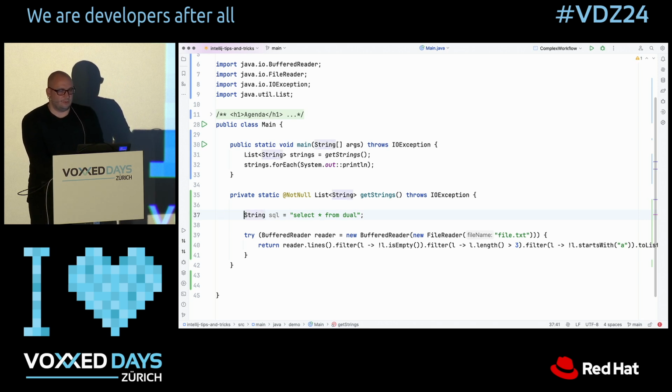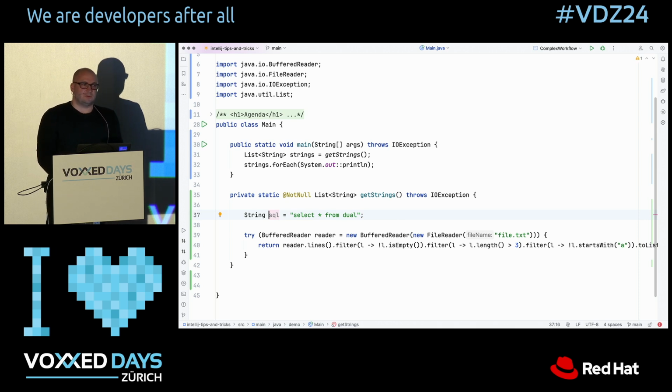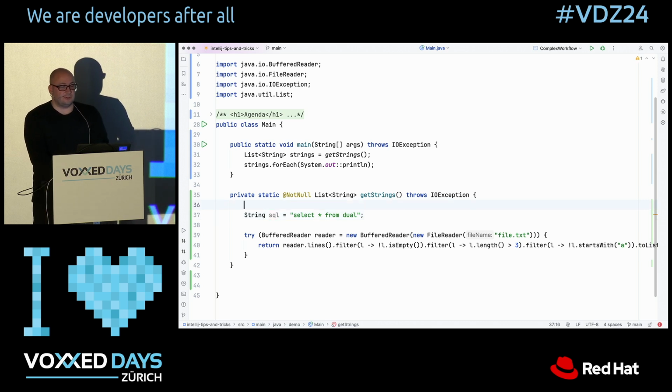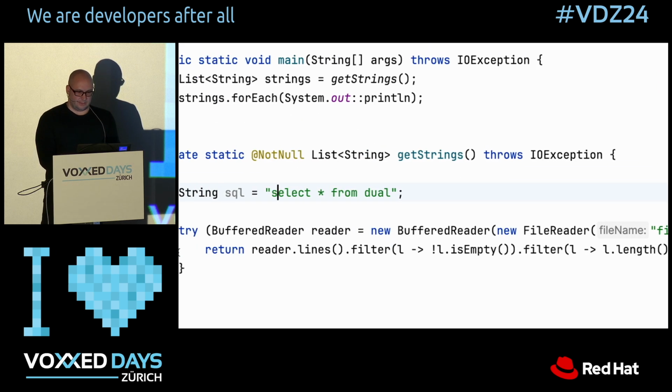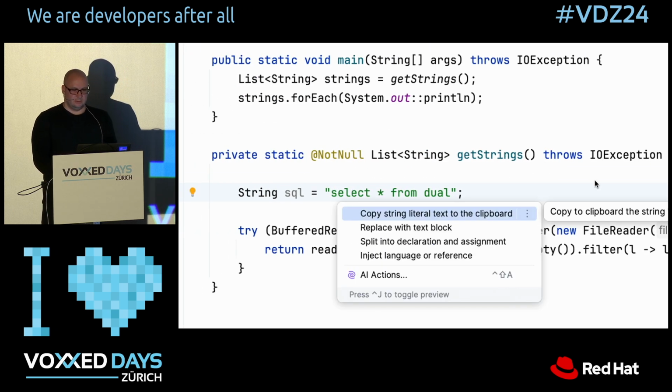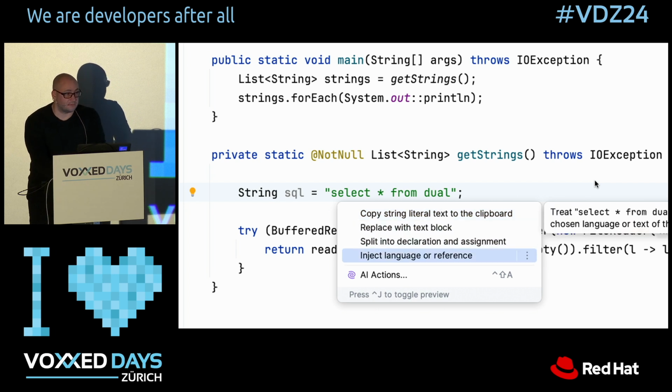If I would use this string as a parameter to some JDBC API or any data framework, then the IDE will trigger the language injection feature. I can trigger it manually as well. So if I hover over the string, let me zoom in a little bit, Alt Enter, inject language or reference.